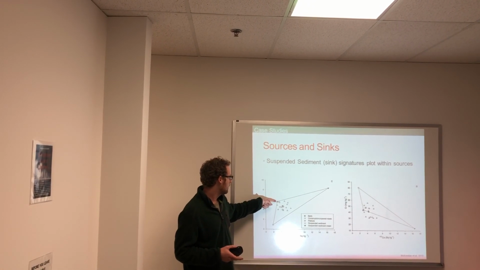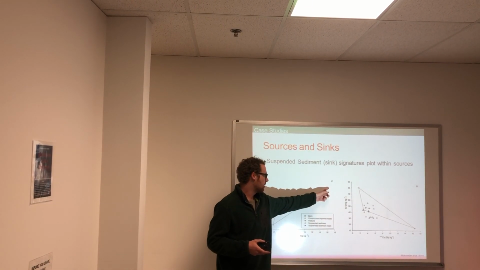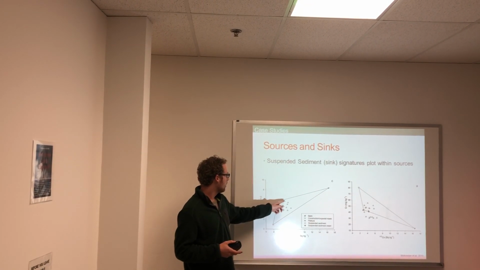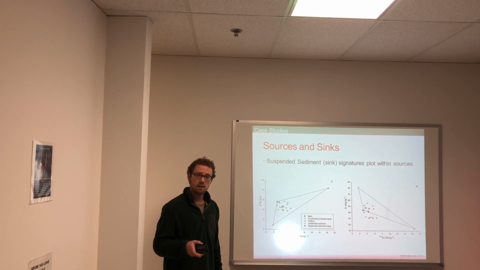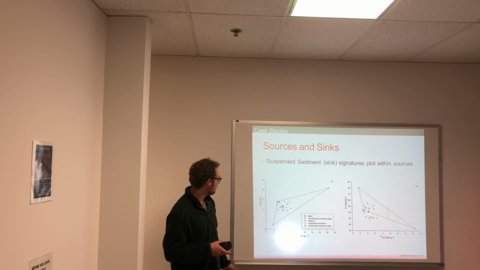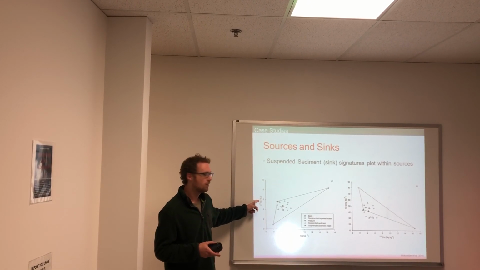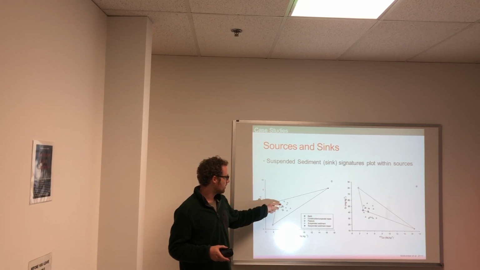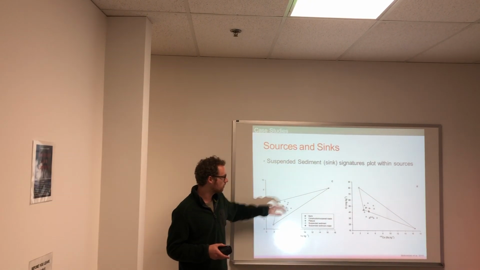So we have bank, construction or paved roads, and pasture. And as you can see, all of the open triangles represent the signature of suspended sediments in the mixing zone. So in this case, cesium and stable nitrogen isotopes are a good fit because all of your suspended sediment signatures fall within this characteristic triangle.